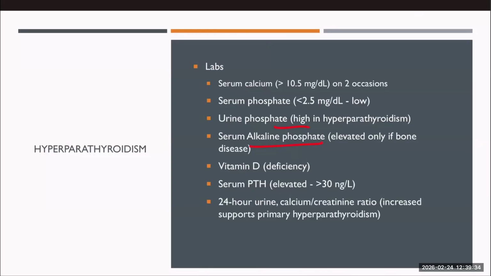Alkaline phosphatase is one of the enzymes in the bone matrix, and it comes out when you start degrading the bone. So that will go up as part of the bone degradation. Vitamin D, obviously serum PTH goes up, and you can do a 24-hour urine on them as well to see those levels over 24 hours. As you go through the labs, just understand why each will go up or go down due to the hormone levels, and it makes sense from there.